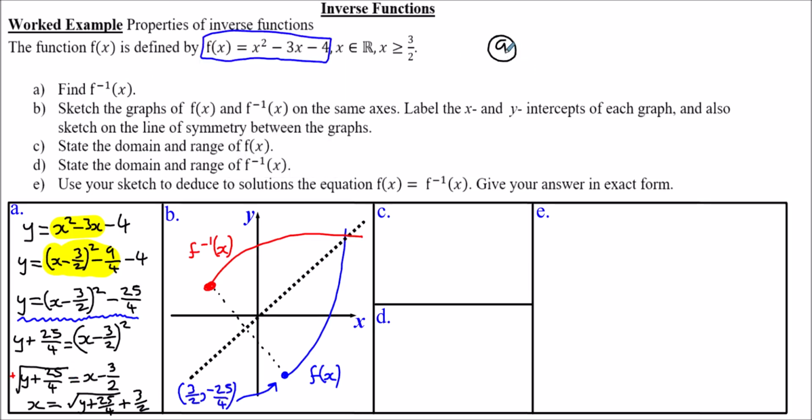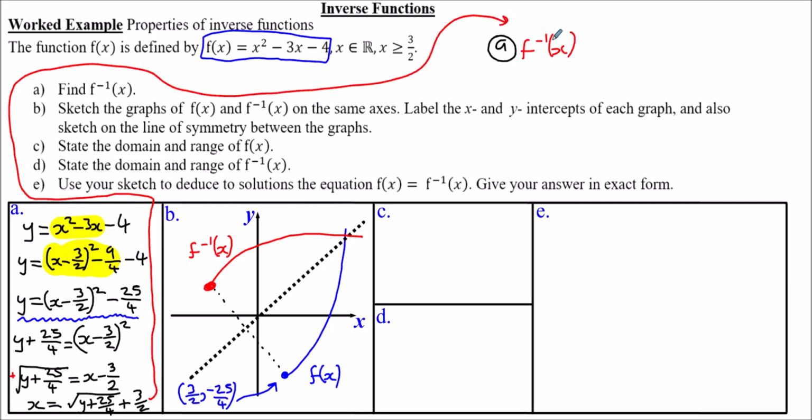For part A, I want it to be f minus 1 of x, so I need to switch x for f minus 1 of x. So the answer to part A is that f minus 1 of x is the square root of x plus 25 over 4, plus 3 over 2.